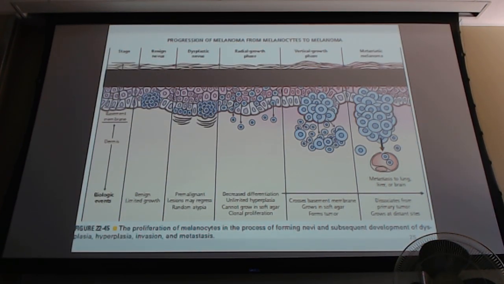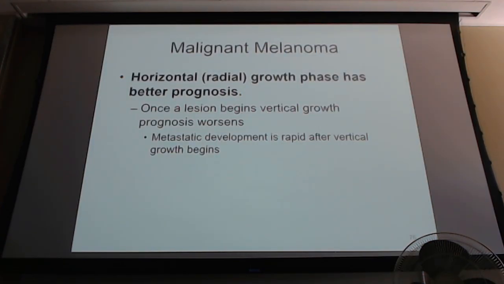This right here, this basically is all of the lectures that we did for block 3. So this tells you nevi, dysplastic, radial growth, vertical growth, it's all into melanoma, starts to spread and gets out and all of that kind of stuff. So, yeah. Radial growth phase has a better prognosis, right?